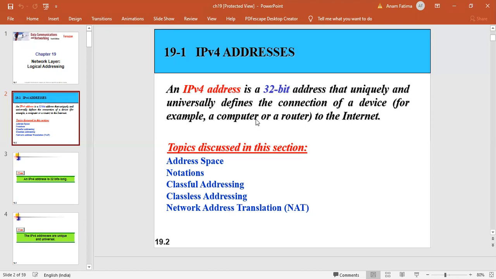Otherwise, when we're talking about host to host delivery, we have to deliver a packet where the source and destination are on different networks. They are not in the same network. Like one computer can be in one part of the world and you are trying to communicate with another computer on the other side. How do these computers communicate? They communicate through the internet.